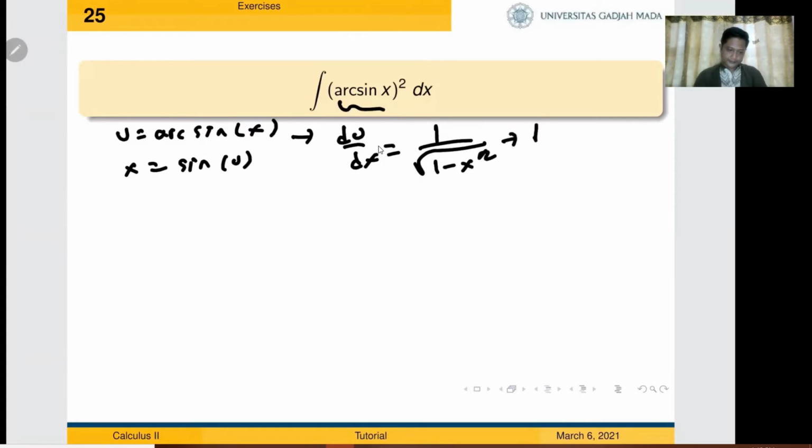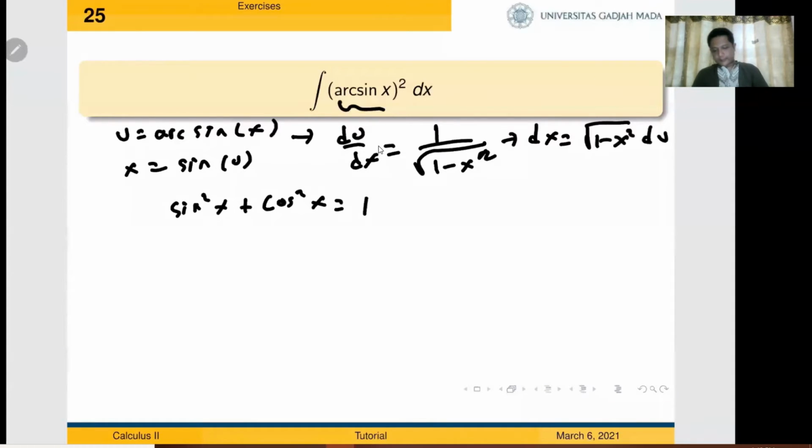Okay, so I have dx equal to the square root of 1 minus x squared du. On the other hand, because we deal with sine, we will use another property of sine and cosine. The sum of sin squared and cos squared is equal to 1. So we have cos squared x equal to 1 minus sin squared x, right?